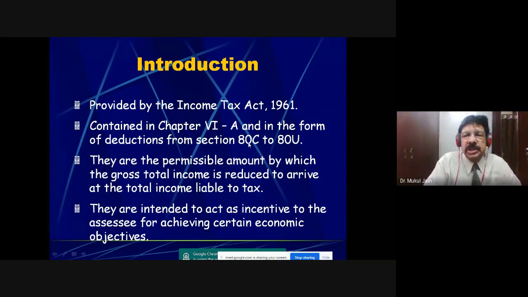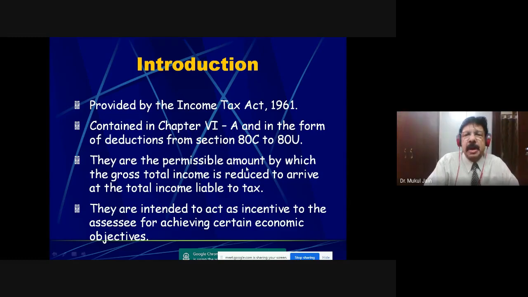So these deductions start from 80C to 80U. A and B are not there, and similarly after U is also not there. Section 80C to 80U are there.